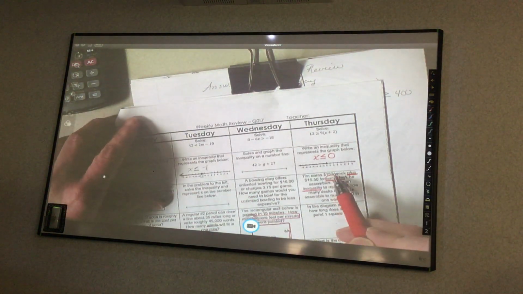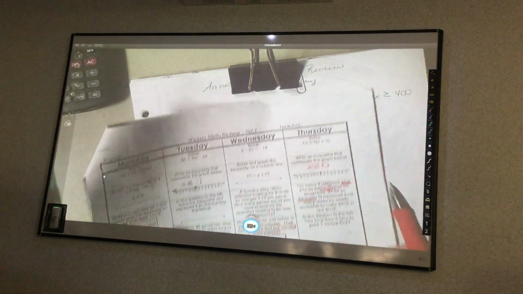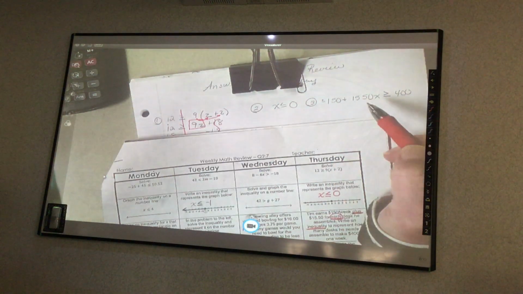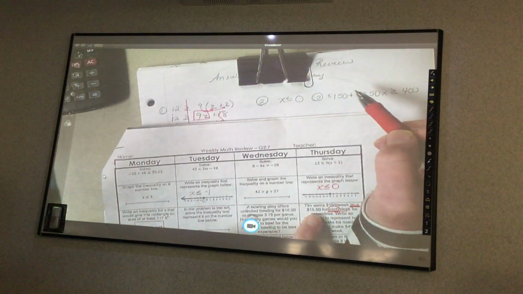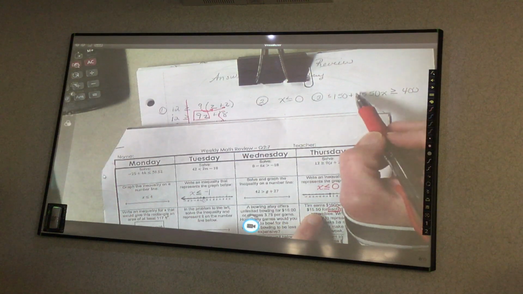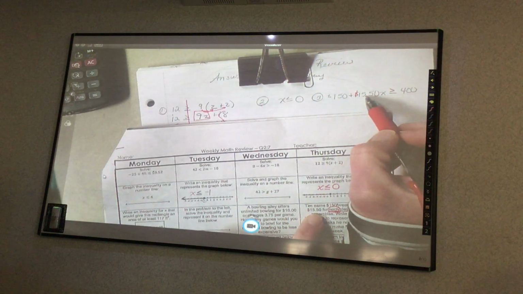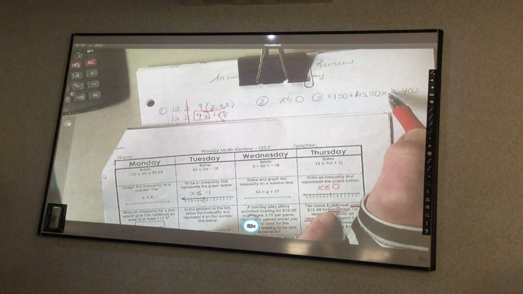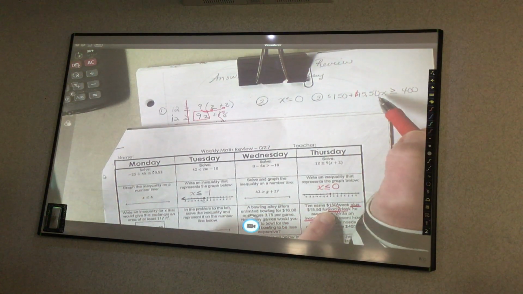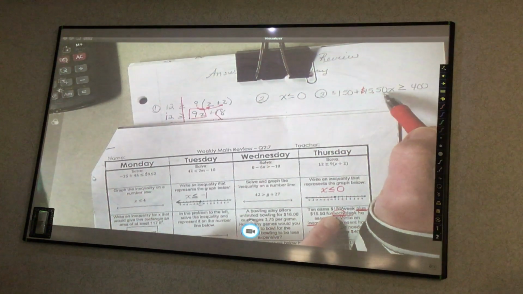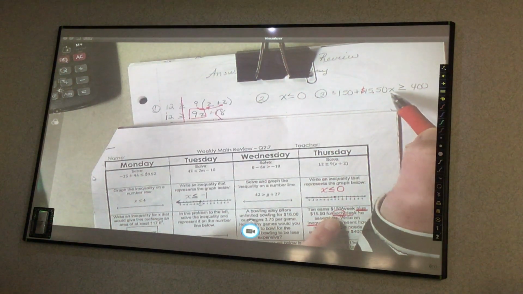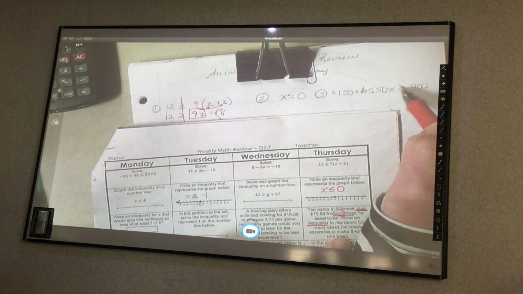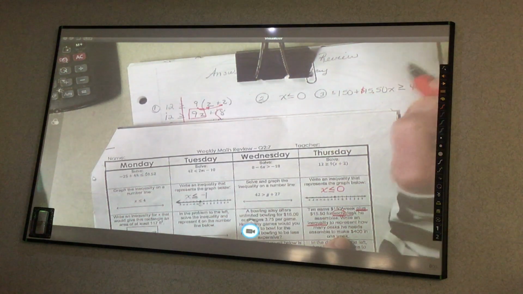So I start with my $150 plus $15.50, and it says each. When I say each, that means I multiply, so it'd be $15.50 times X, and I want to make that or more, so it's going to be greater than or equal to $400.